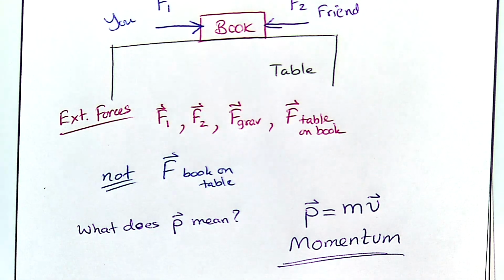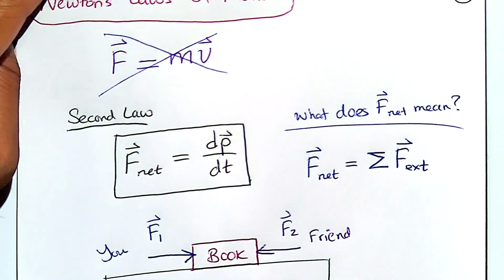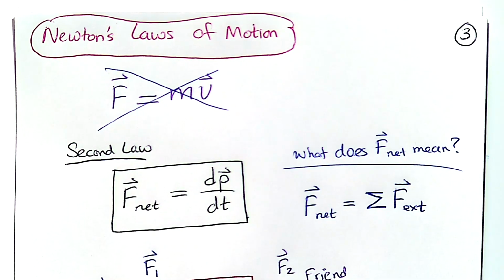Okay, so far, what we have not talked about is the obvious second law that you may have seen in the reading, or if you have experience with this before. The obvious one you're looking for is F equals ma. And you might say, where the heck is F equals ma? What happened? So let's see what happened to F equals ma.